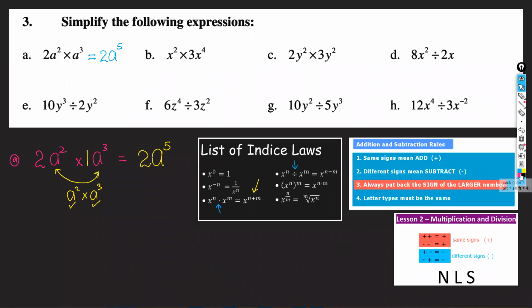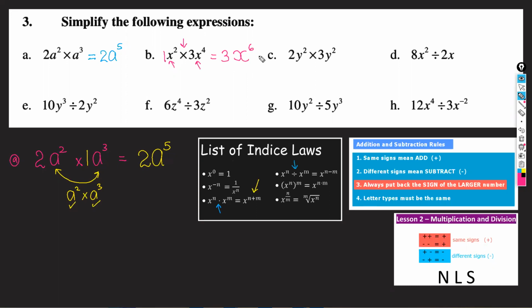And this one was pretty easy. Remember, this x squared doesn't really have a value in front, and we multiply it. So we do the values first, right? 1 multiplied by 3 is 3. You have x and x next to each other and multiply, so you're supposed to add the powers.